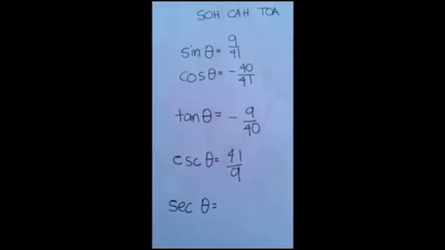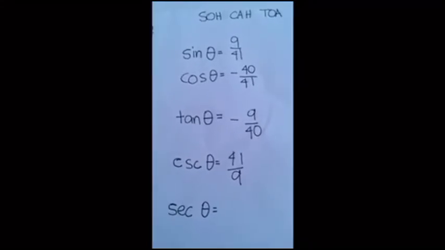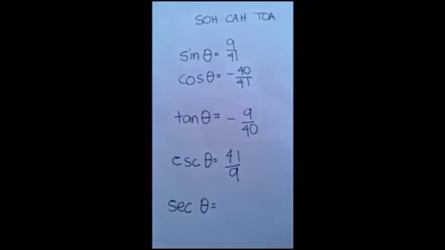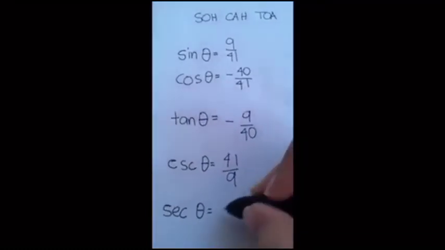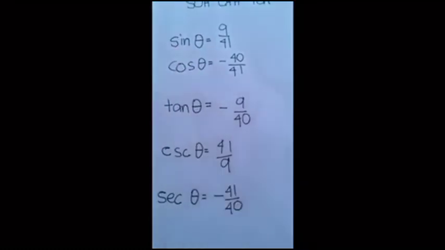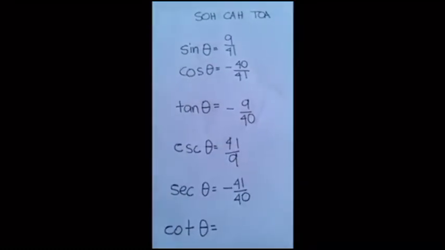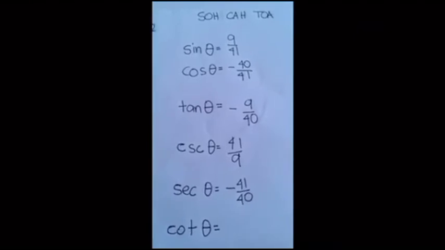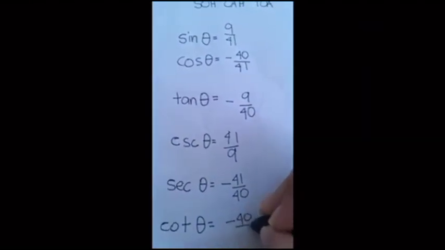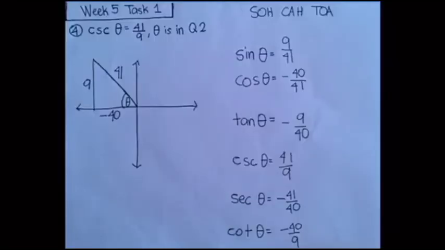Our secant is the reciprocal of cosine, so our secant would be negative 41 over 40. Our cotangent is the reciprocal of tangent, so our cotangent would be negative 40 over 9. So this is it. We have found the rest of the trigonometric functions.